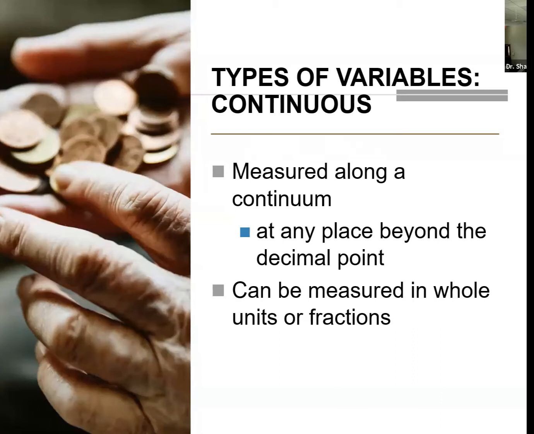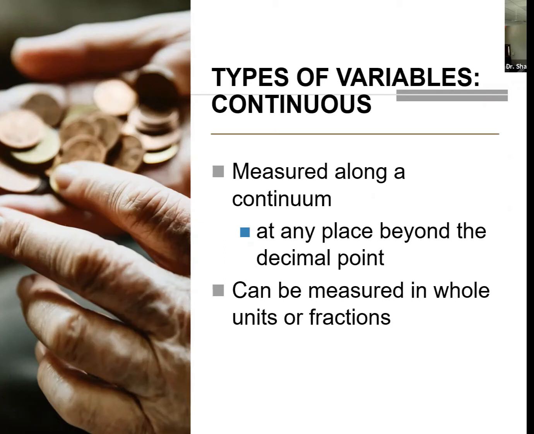Another characteristic of a continuous variable is that it can be measured as a whole or as fractions. And that's immensely important for you to recall. So a good example is money.